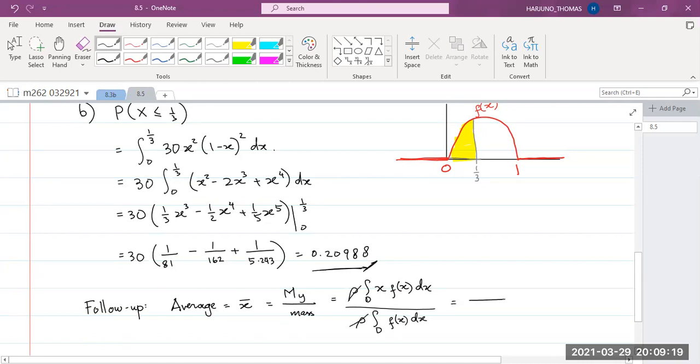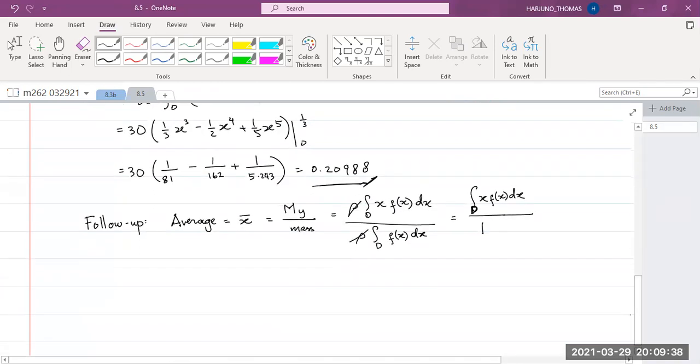Now the thing is the area under the curve is just 1. You see what I mean? This is a D, not 0. This is a D, the domain of the integration. So the average for this question will be multiplied by another x.